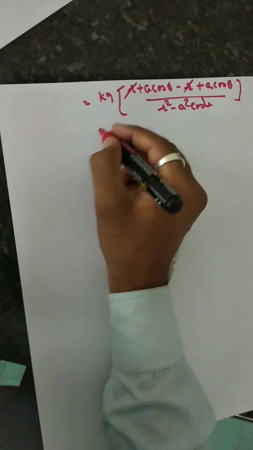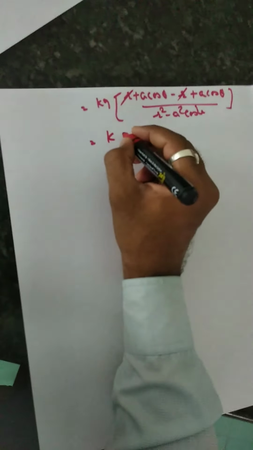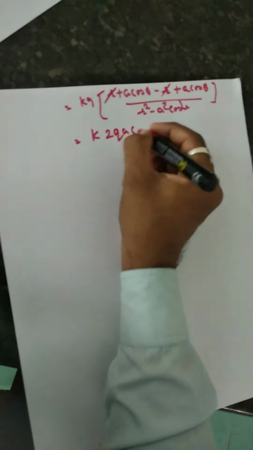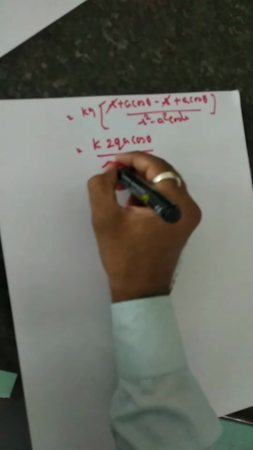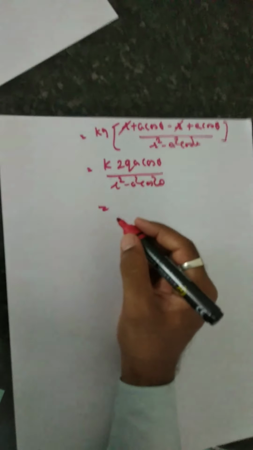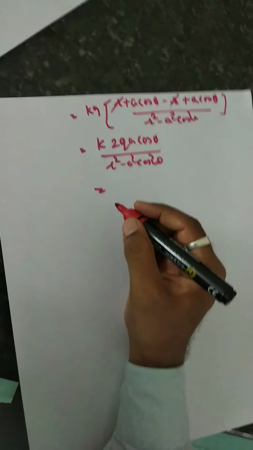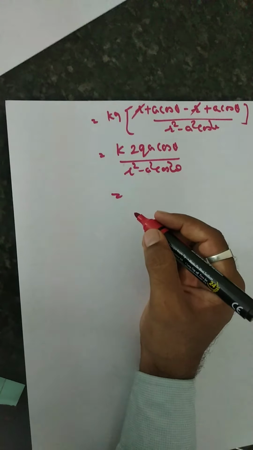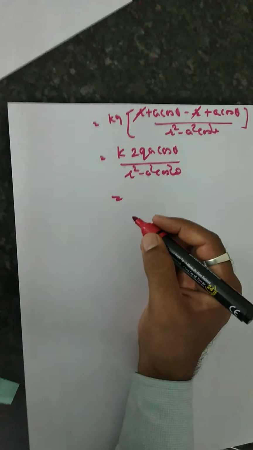Here r will get cancelled, so we get k into 2 times qa cos theta upon r square minus a square cos square theta. As you know, 2q into a is the electric dipole moment p.